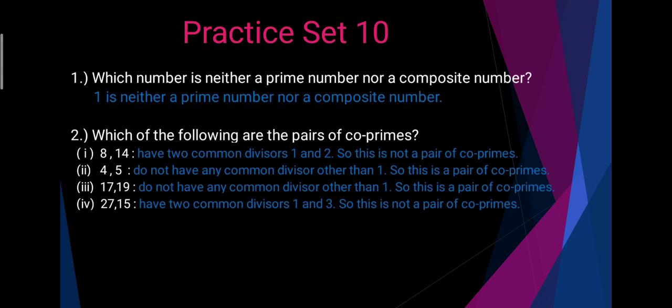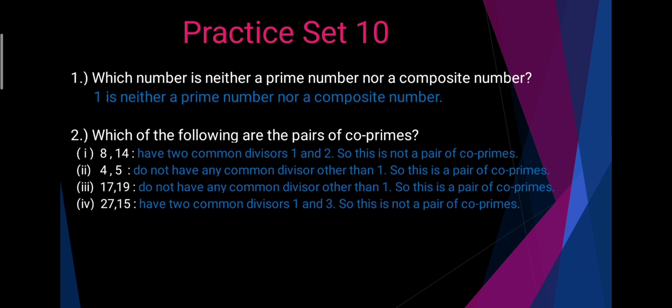Now we'll solve practice set 10. The first question: which number is neither a prime number nor a composite number? 1 is neither a prime number nor a composite number.